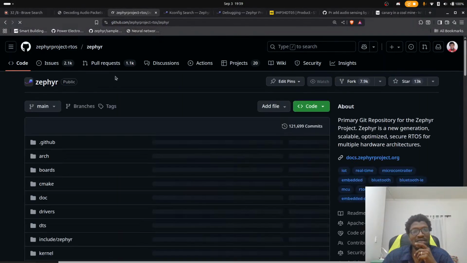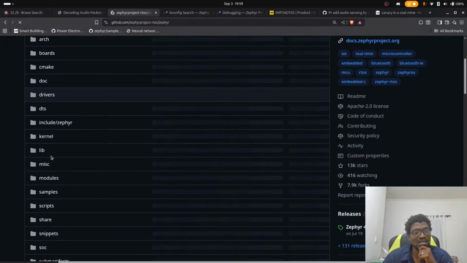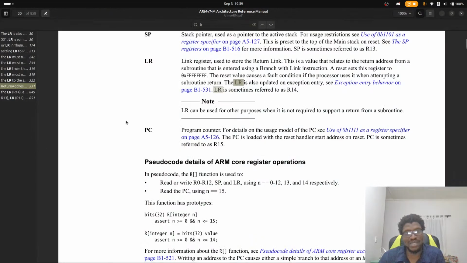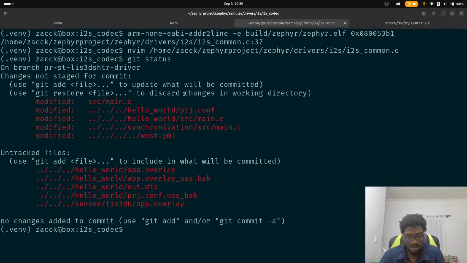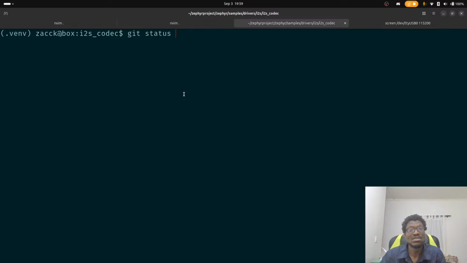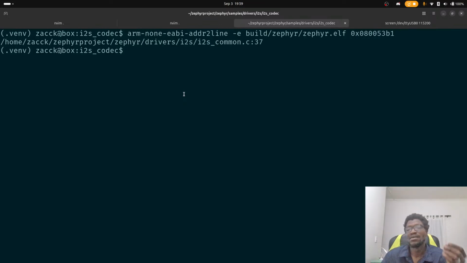Okay, cool. I'm almost done. So let's just find out the line and then we can stop it there. So it's in the I2S. So basically this pointed us to where. What did we use here? Can we man arm-none-eabi-addr2line?